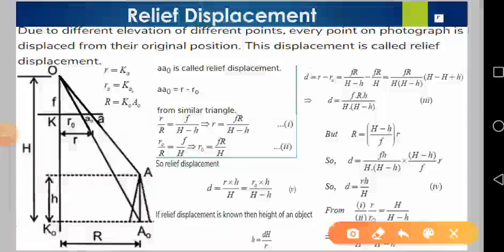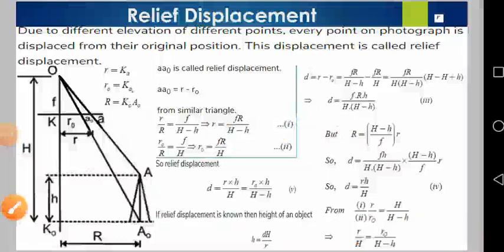In this expression I will simplify further. If we use equation number 1 and rewrite, we get r equal to h minus h, shifted to the left hand side, into r divided by f.